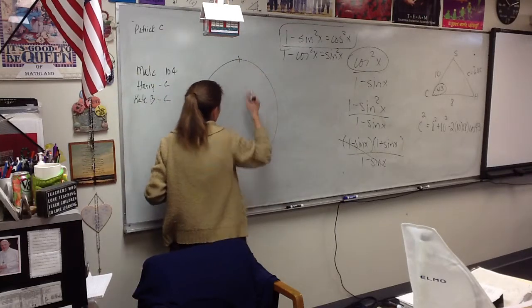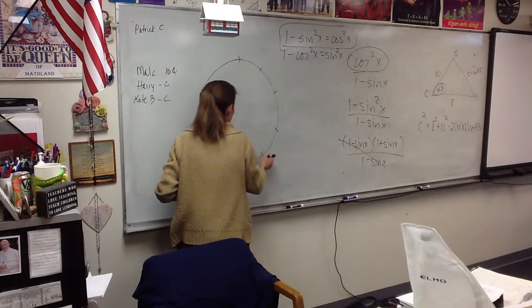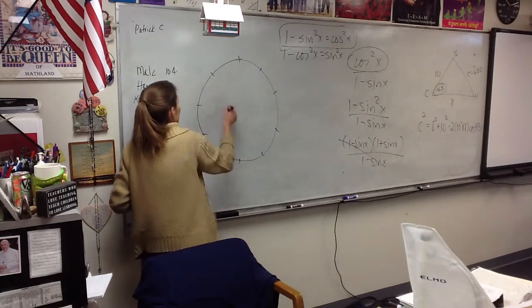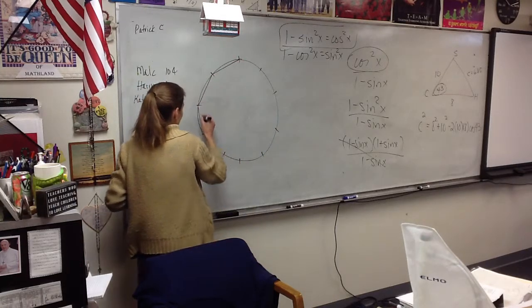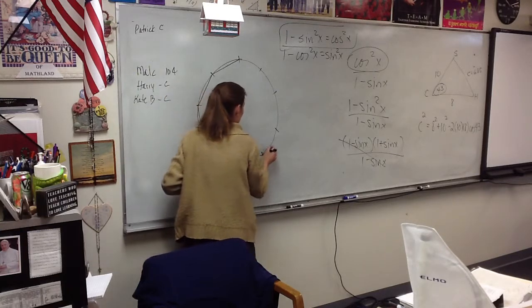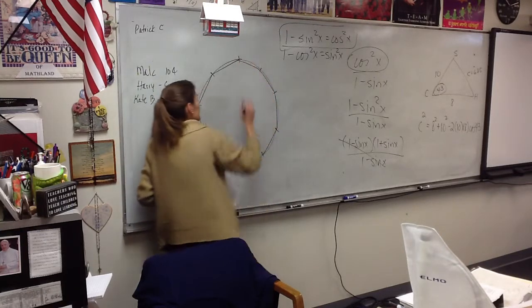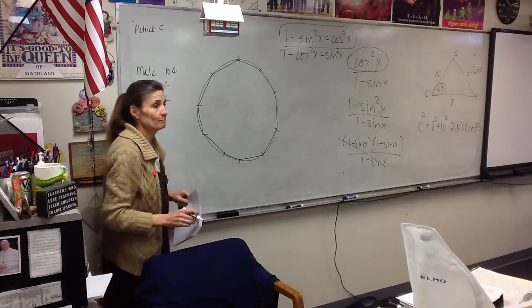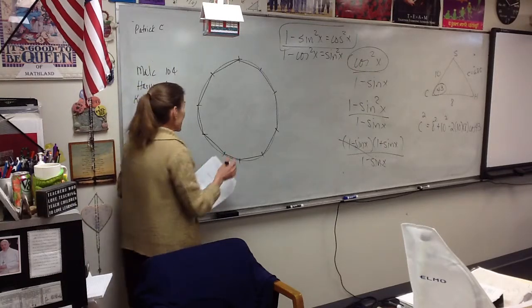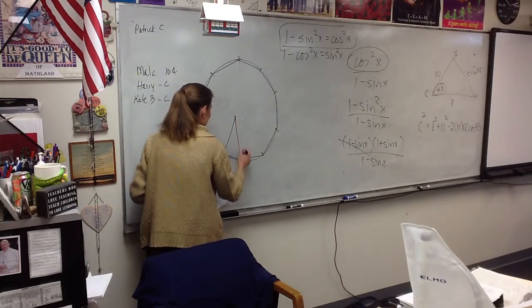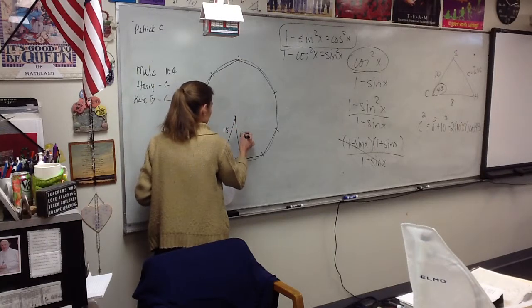So I'm going to make 1, 2, 3, 4, 5, 6, 7, 8, 9, 10. I'm making 10 hash marks. So there's my decagon. The radius of the circle is 15 inches.